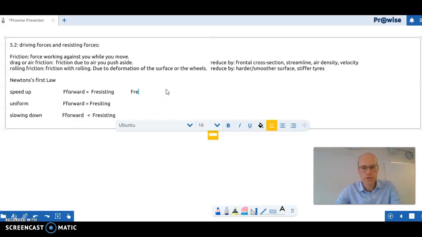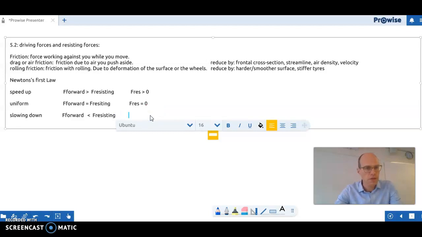So the resultant is the forward minus the backward force, so the forward minus the resisting force. If the forward force is greater, then it's greater than 0. And if they are equal, now you subtract two equal forces in opposite direction, then it is equal to 0. And of course they're newtons, but 0 is 0.